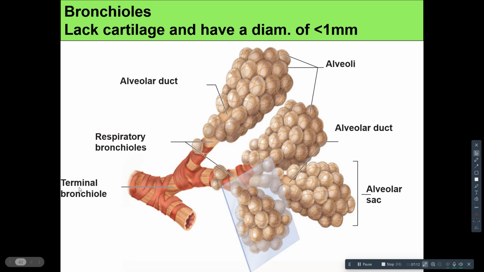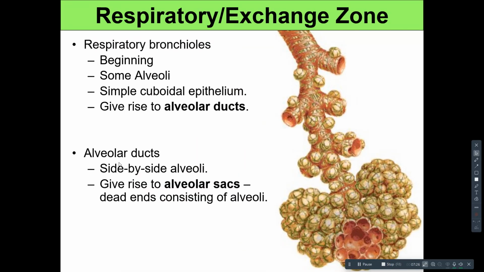The word terminal means end because we are at the end of the conducting zone. Because when we get into respiratory bronchioles, we are beginning the respiratory or the exchange zone. And our respiratory or exchange zone begins with respiratory bronchioles.